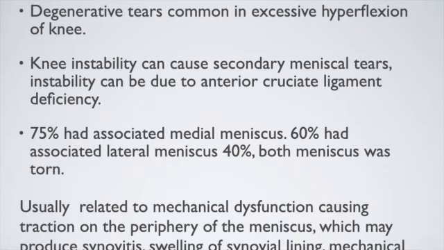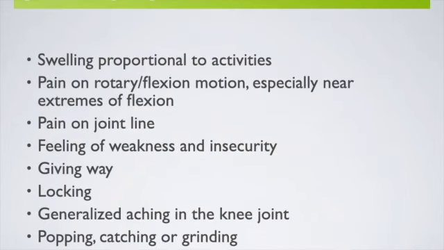These are some bullet points, kind of saying again what I said before. Instability can cause meniscal tears, and direct trauma can cause meniscal tears. Often we won't see the acute meniscal injuries as much as we'll see chronic problems.